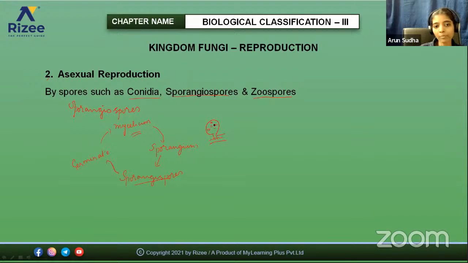This fungal filament bearing the sporangium is called the sporangiophore. The sporangium releases the sporangiospores, that is, it releases the spores, and the spores germinate and form a new mycelium. The fungal filament having the sporangium is called the sporangiophore, and this happens endogenously, that is, inside.